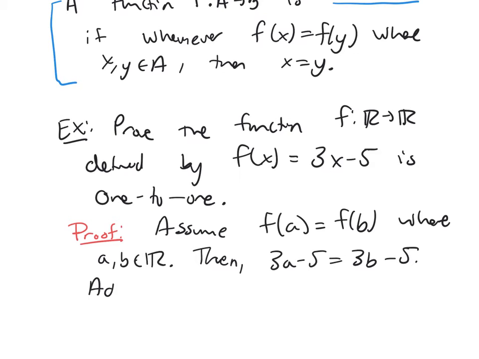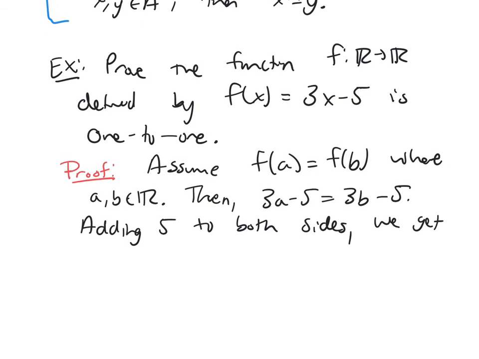If we add 5 to both sides of our equation, we get 3a equals 3b. Now here, because I'm talking about real numbers and not integers, I can divide.